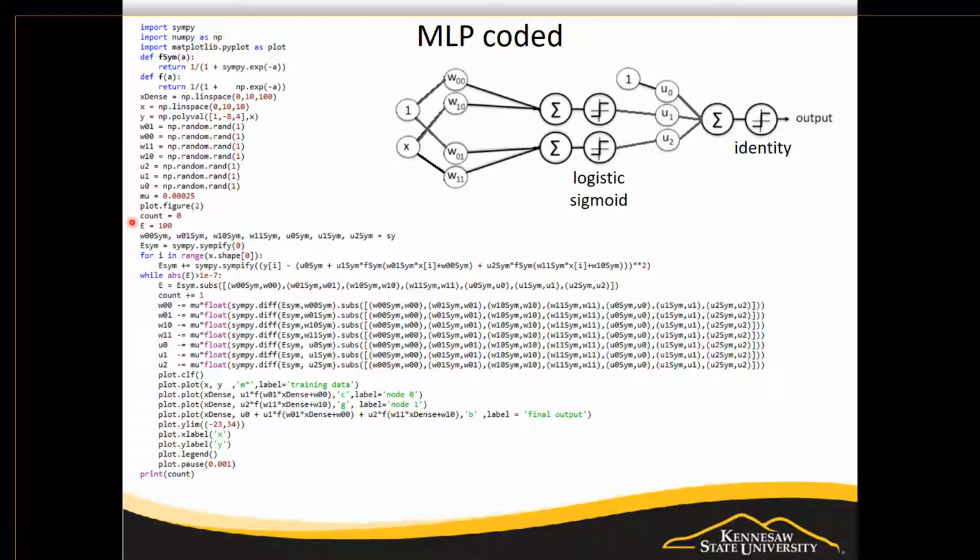And so they're going to both exist as symbolic things, and they're going to exist as numerical things. The error really looks the same. I just have to multiply by each of the pieces, and you just follow through, update each one of the weights, update each one of the U's. It's the same concept, okay?